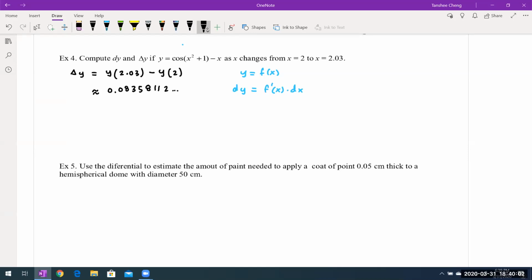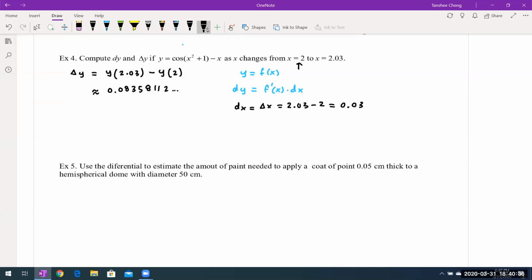Remember that dx is basically delta x, which in this case is 2.03 minus 2. That gives us the value of 0.03. And now we want to find the differential function so that I can continue. So where are we centering? We are centering at 2. That's what we need to remember.